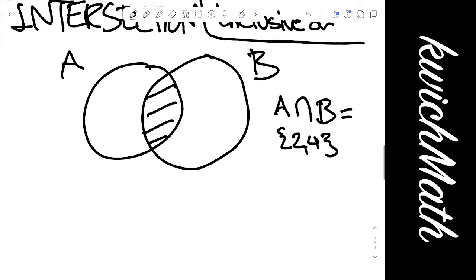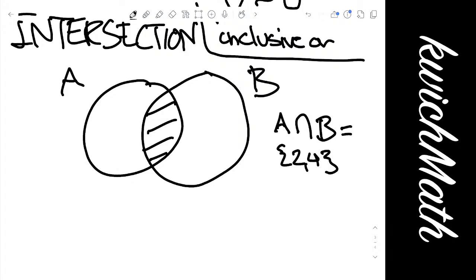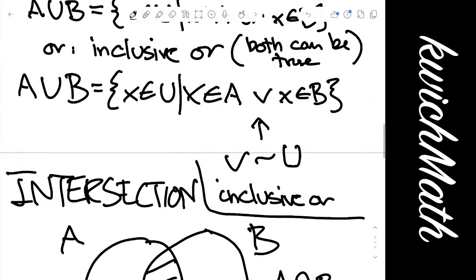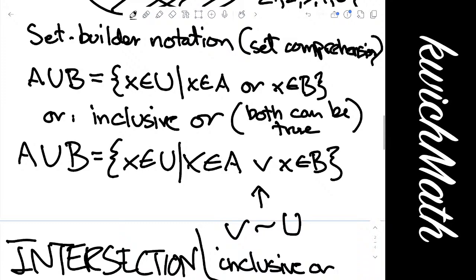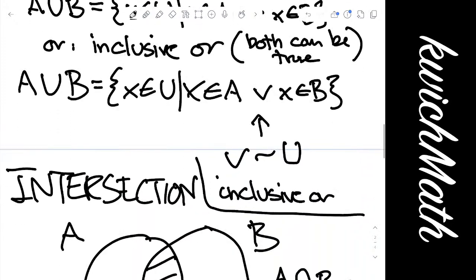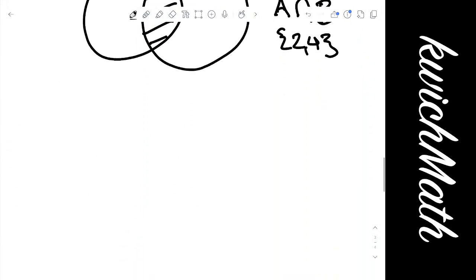But in more general terms, we can also express it as a set comprehension, and it's going to be very, very similar to the union. So A intersection B, right?